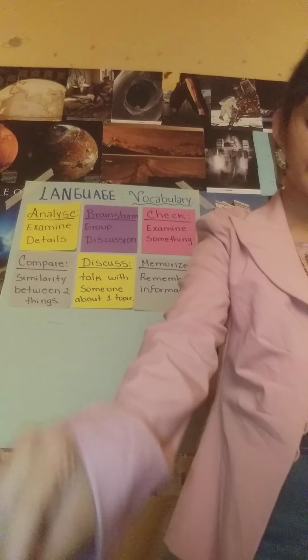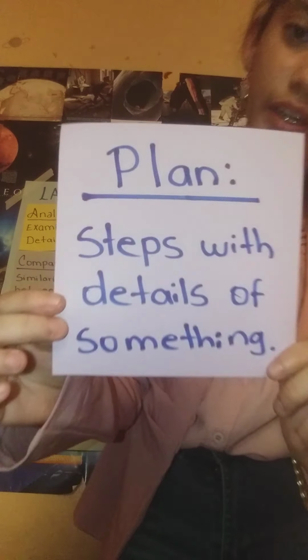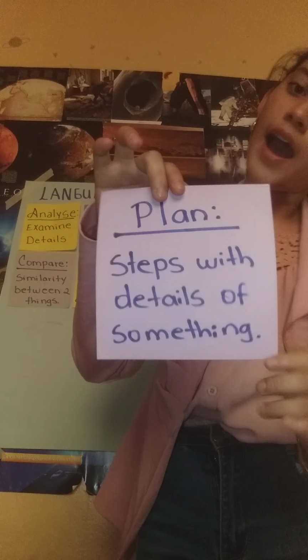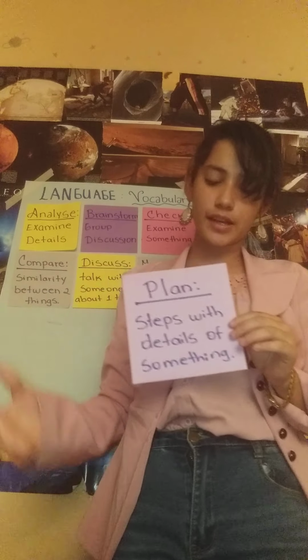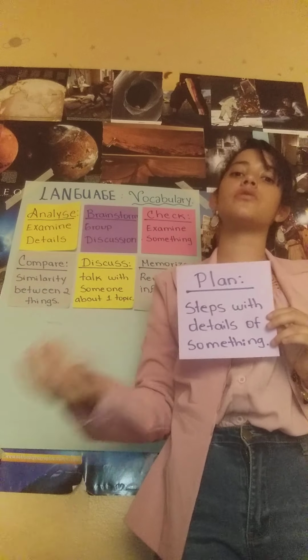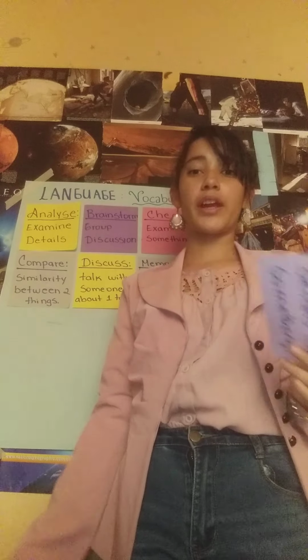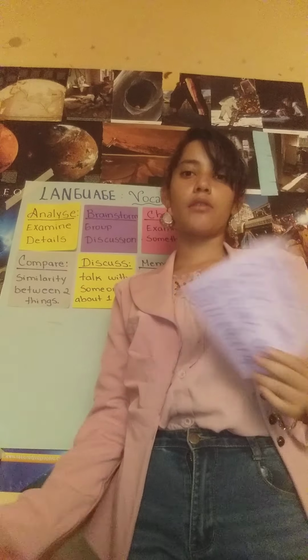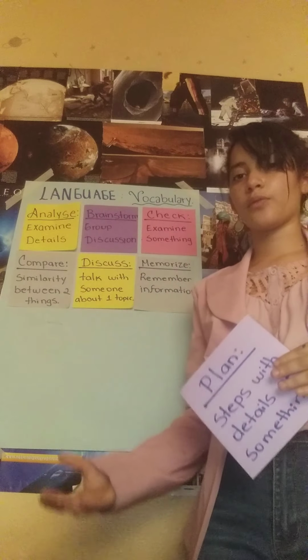Now we have another word, and this word is plan. The plan is the steps with details of what we are going to do. For example, maybe I want to open a restaurant, but first I need a plan. And what is a plan?